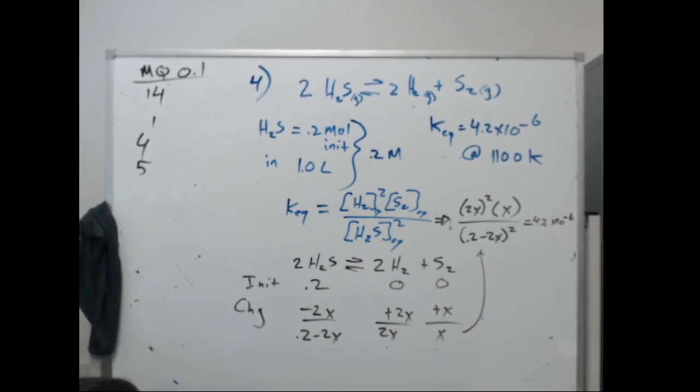If that x value is really small, what's a million plus 0.2? It's about 1 million. So if we have a big number, and we're adding or subtracting a small number to that big number, it's pretty much just the big number still.